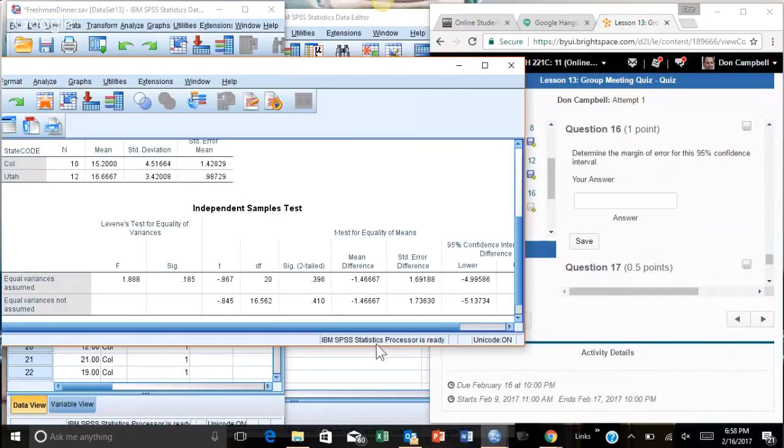Let's do the equation and then let me know what you get. All right, let me know when you're ready. I have 0.726.